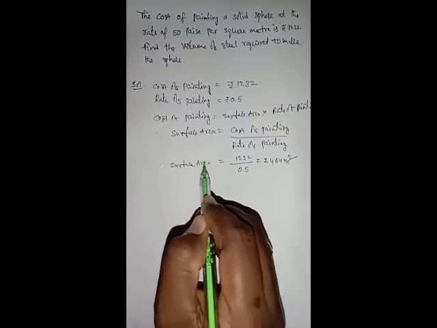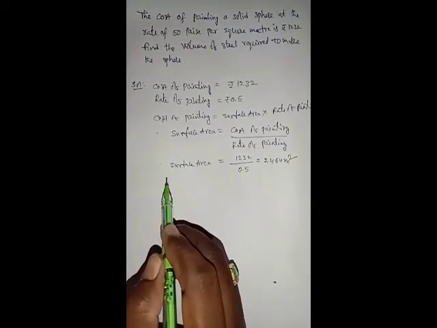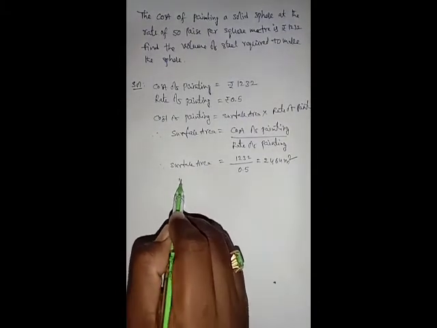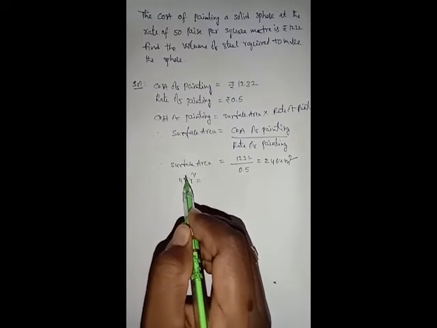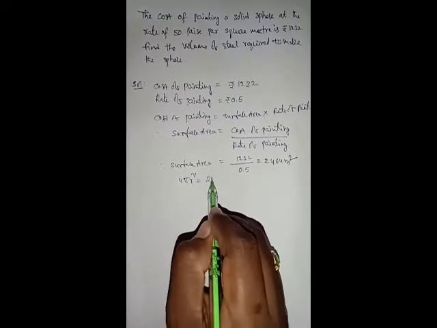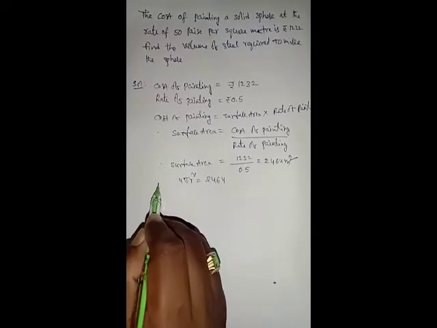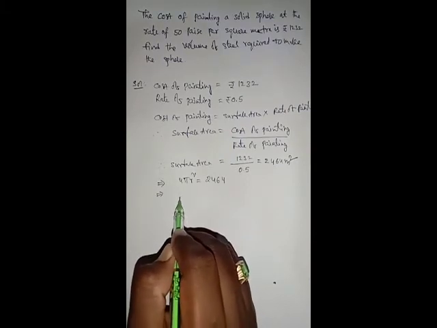Now, what is the surface area formula, children? The surface area of a sphere, 4πr², is equal to 2464. From this equation we can get the r value. How do we get the r value?